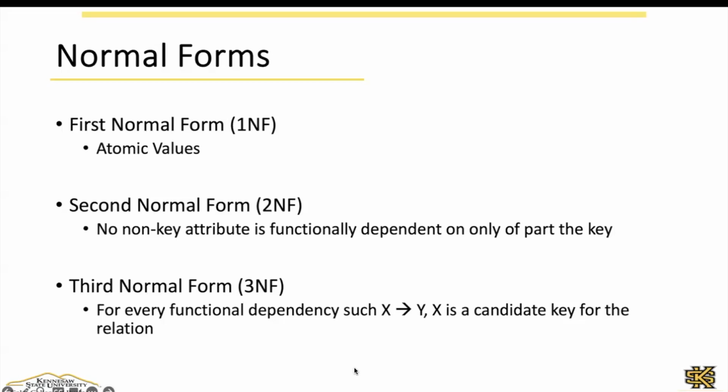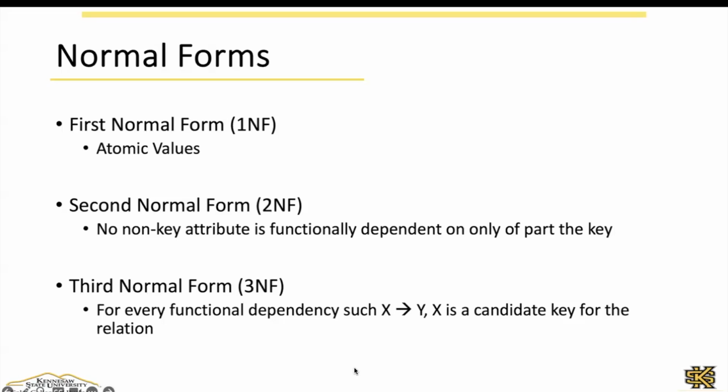Essentially, the first normal form requires that every attribute in each record or tuple has only one value. In simpler terms, for any row in your table, no column should have more than one value. Simple.